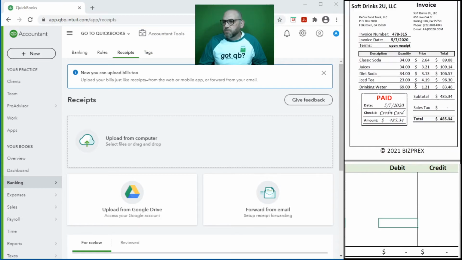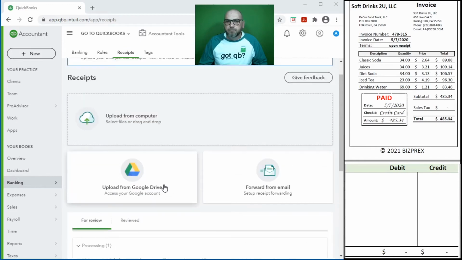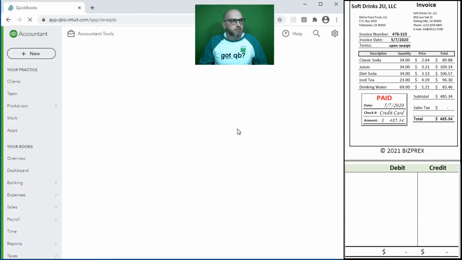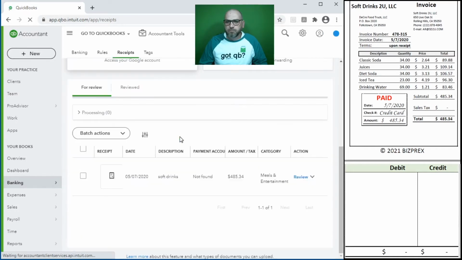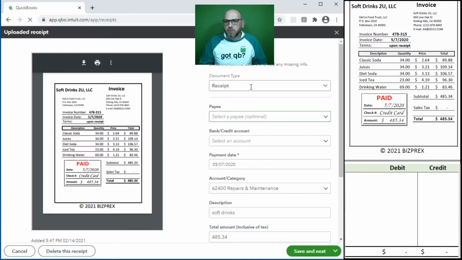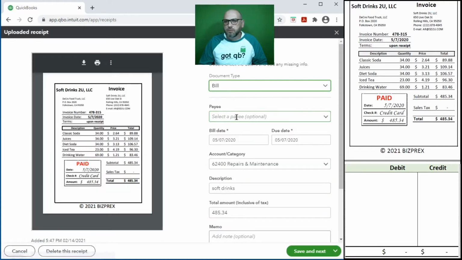All right, next one is a credit card. Okay, we're gonna give QuickBooks Online a few seconds to upload the file. Okay, here it is. Again, we're gonna switch to the bills.